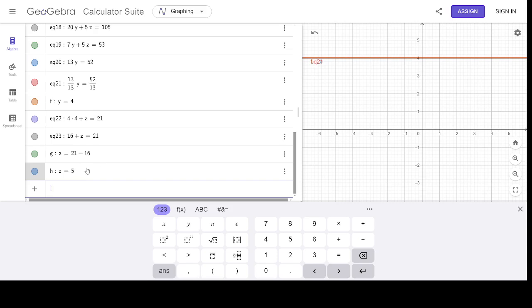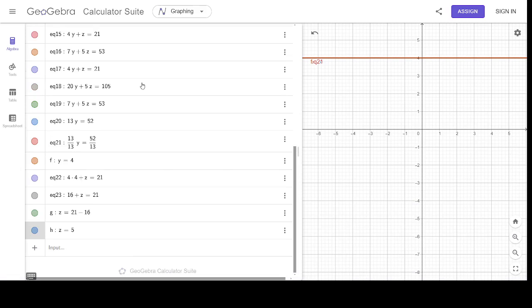Do you get it? What I've done is, having found the value of y, I went back to this equation here, 4y plus z is equal to 21. Then I substituted the value of y because y is 4.